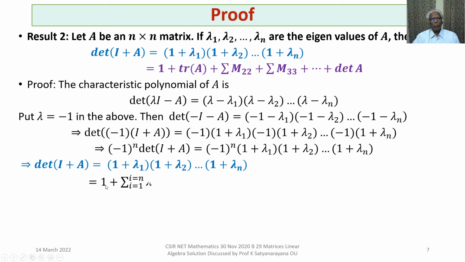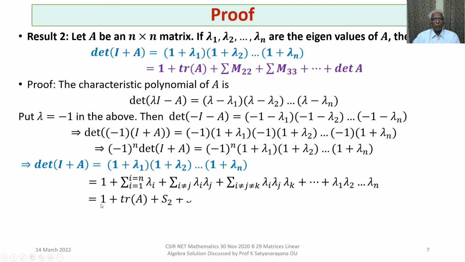So that is 1 plus the sigma of lambda i, plus the sigma over i not equal to j of lambda i lambda j, and so on.